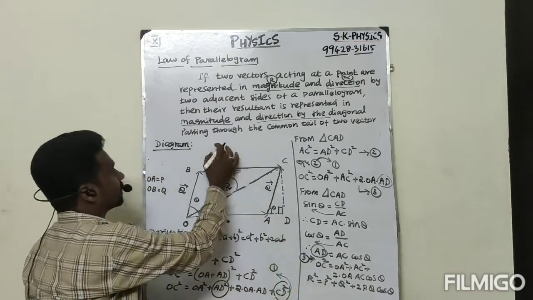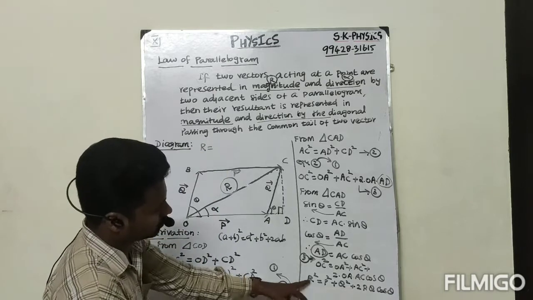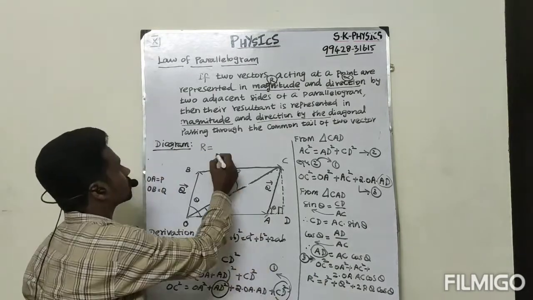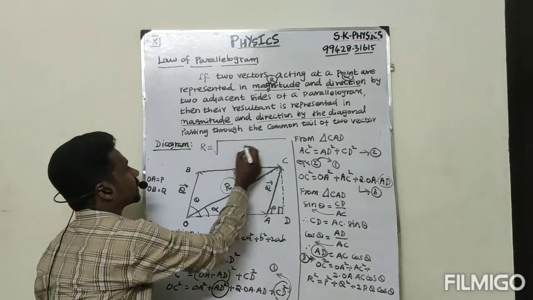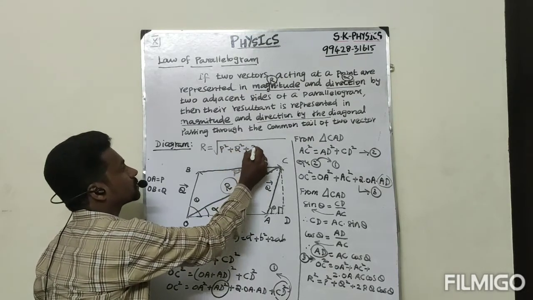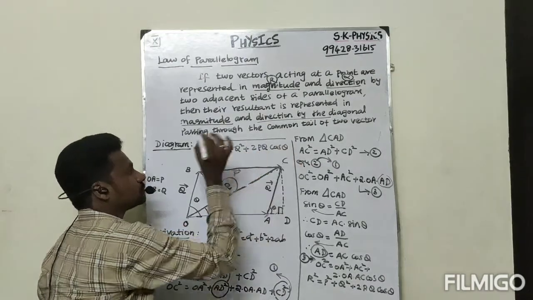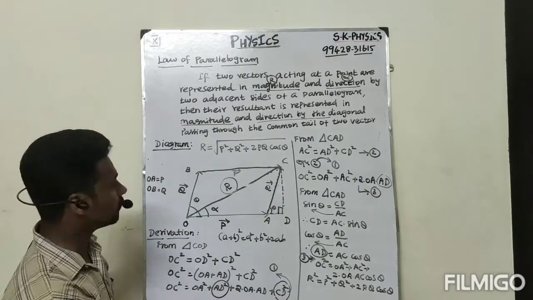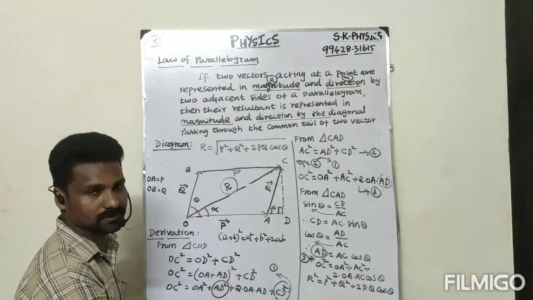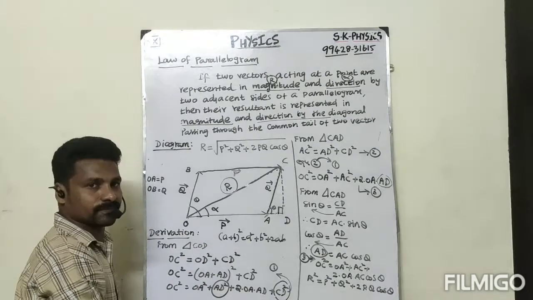Therefore, R is equal to, within the root, P squared plus Q squared plus 2 PQ cos theta. That's all. Now we have found the magnitude of the resultant, so the magnitude is ready.